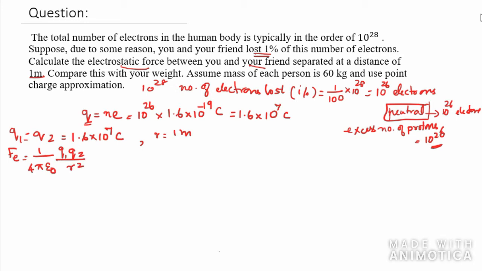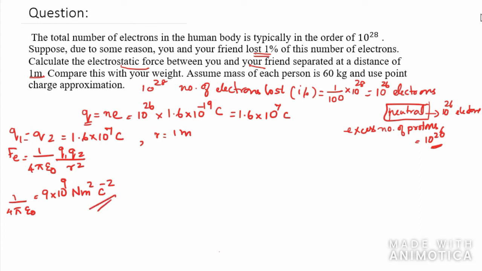The value of 1/(4 pi epsilon naught) is 9 into 10^9, with the unit newton meter square per coulomb square, which you always have to remember.